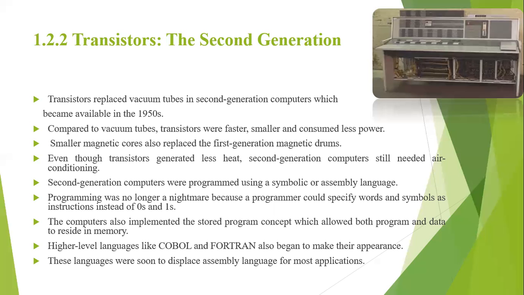Users used to write programs using only zeros and ones, but in second generation computers, programs were written using assembly language. In assembly language, we use words like ADD, SUB, DIV for division, and MUL for multiply.